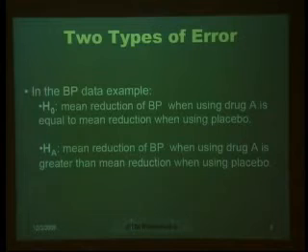What do those errors in our blood pressure example mean? The null hypothesis was that the mean reduction of blood pressure when using drug A is equal to the mean reduction using placebo. And the alternative was that drug A is better than placebo for reducing the blood pressure.